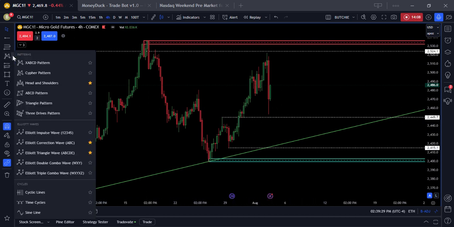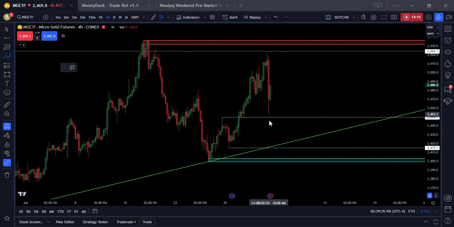Okay. So what I would want to see for that is more something like this. If it breaks through this zone right here, this line, I would look for it to come down here and hit this level and then bounce up back to test that, maybe bounce down.